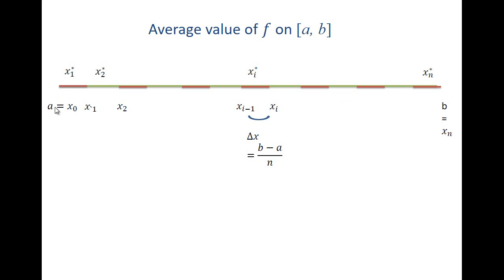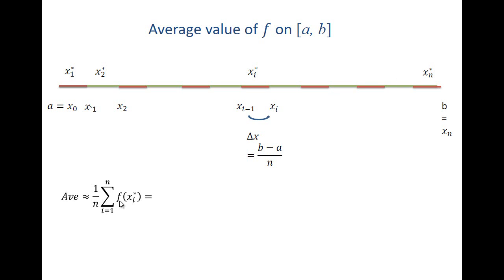So now I'm going to say that the average value of f is going to be approximately the average value of f at the test points. So I can evaluate f at each of these test points, add them, and then divide that by n, because we have n points here.